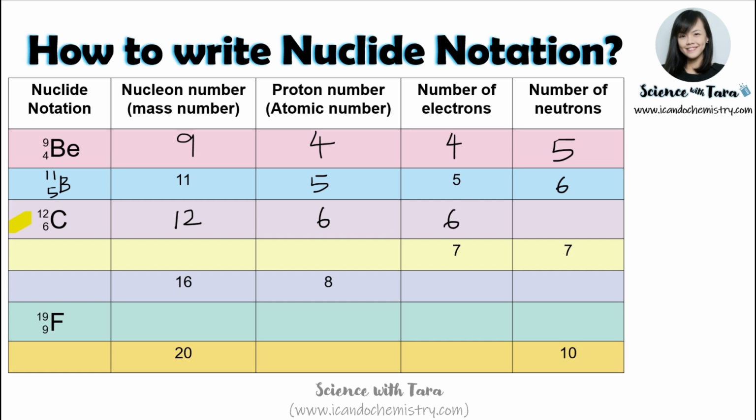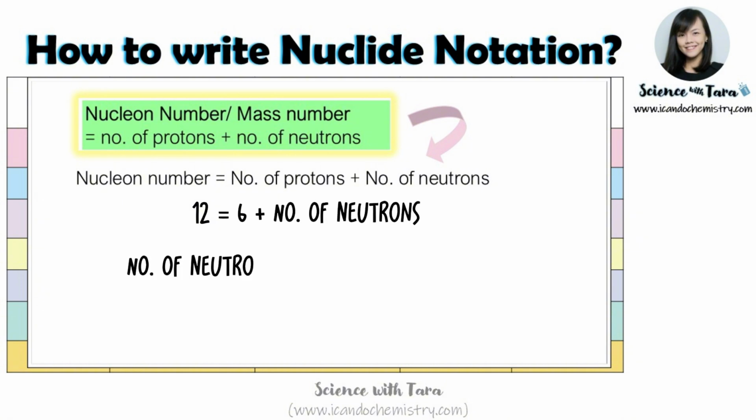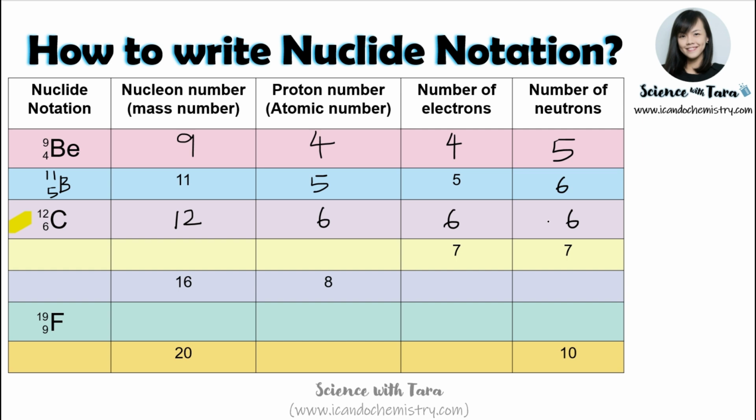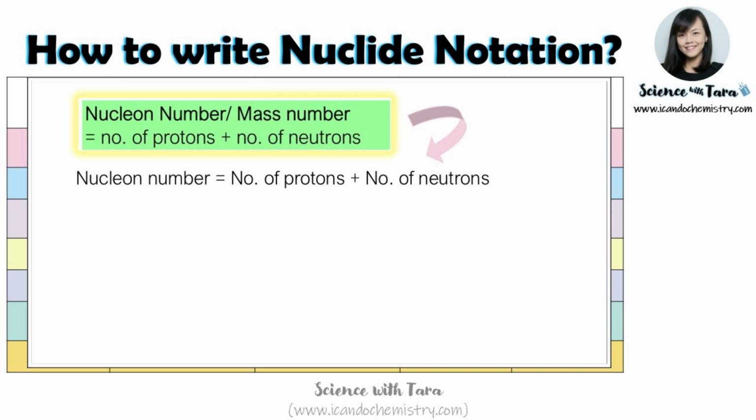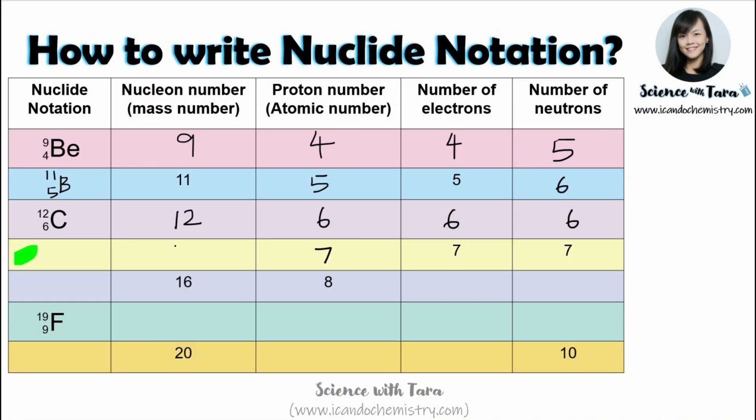Number of neutrons is 12 minus 6, which is 6. Now let's move on to the next atom. 7 electrons, which means 7 protons in an electrically neutral atom. The mass number is the sum of protons and neutrons, hence 7 plus 7 is 14.